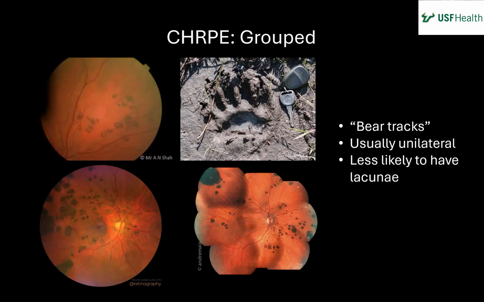Here are some more photos of examples of these bear track or grouped CHRPEs. You may notice that they don't tend to have the lacunae as frequently, so less of those punched out areas. They tend to be just in one quadrant of one eye. Like I said, it can be bilateral, as we saw in our case, or they can be more multifocal. You see that bottom right one has basically lesions in every quadrant.